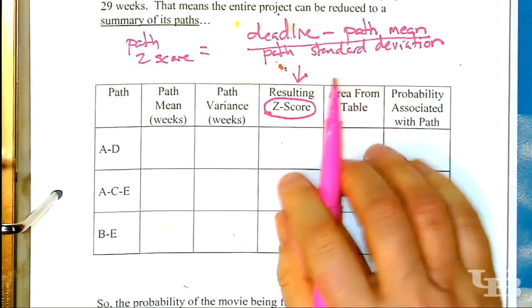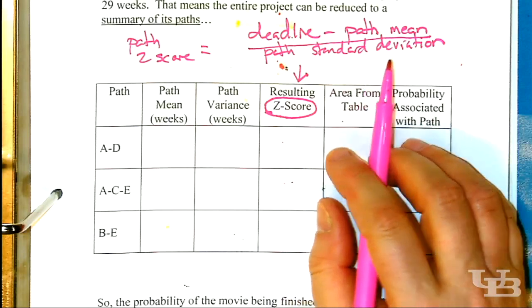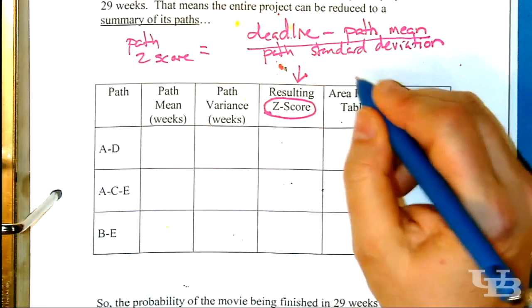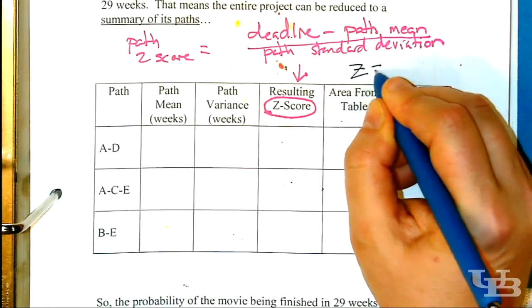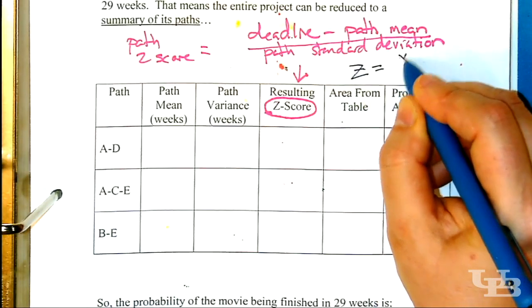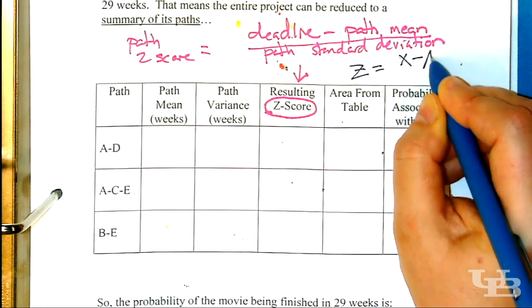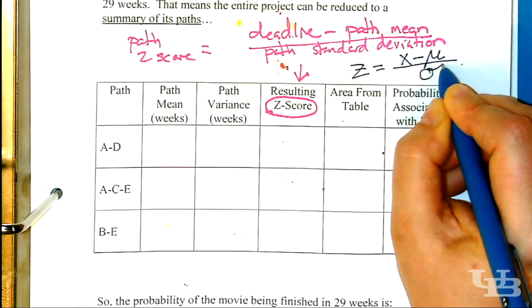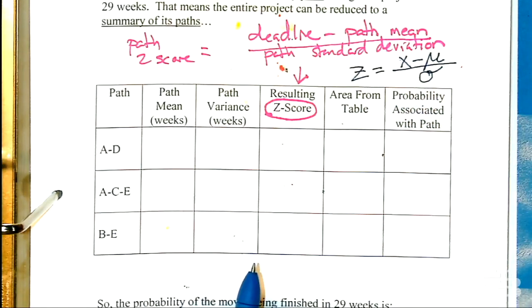The idea of using a standard normal curve to gauge risk is one of the most popular generalizations in business analysis. So you have probably seen this as z equals x, the number I'm interested in, minus mu, the center of my curve, divided by the standard deviation of my curve.